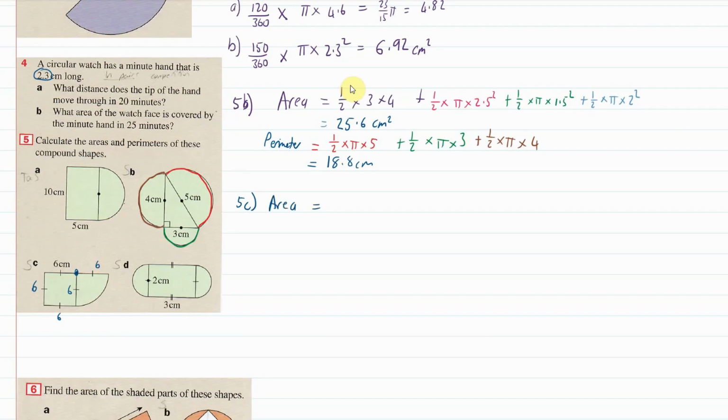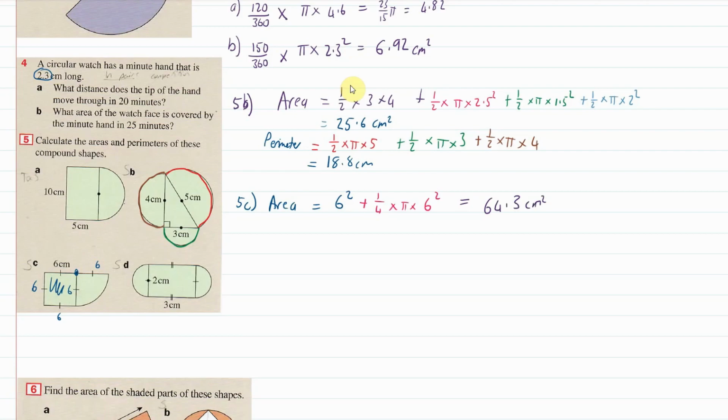Area equals the area of the square, which is 6 squared, so that's this bit here, plus 1/4 pi r squared, and the radius is 6 here. And when we chuck that into our calculator, we get 36 plus 9 pi, I think, which is 64.27, or 64.3 centimeters squared.